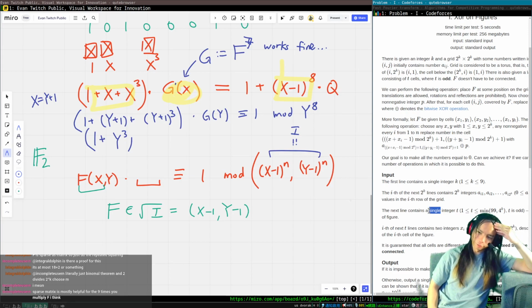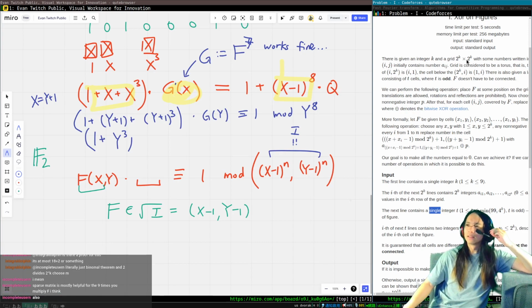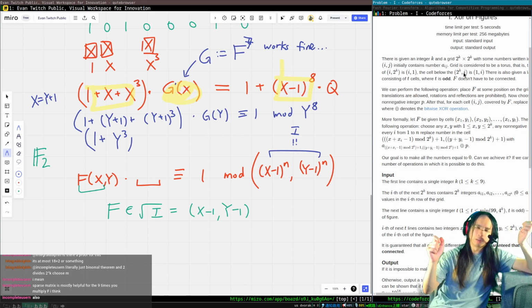I have this problem where even if we have the inverse, I then need to apply this inverse. The grid is up to 512, so there are at most 200,000 entries.